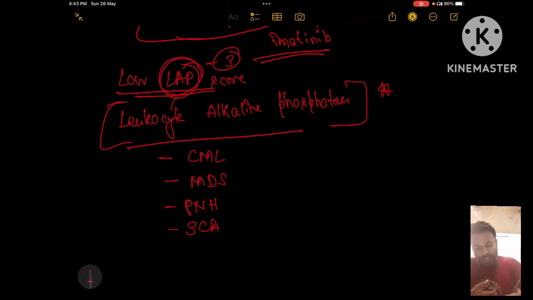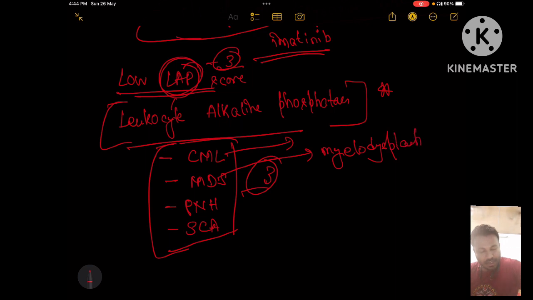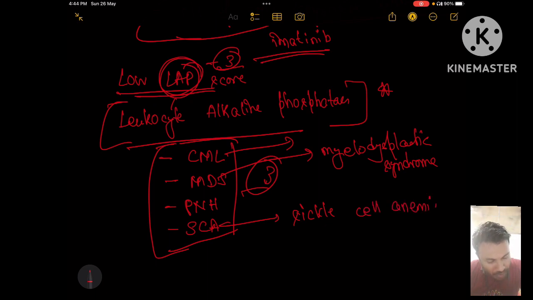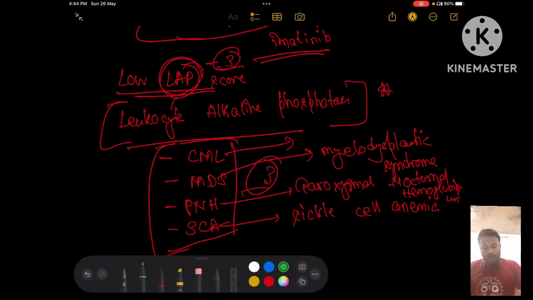CML, chronic myelogenous leukemia; MDS, myelodysplastic syndrome; SCA, sickle cell anemia; PNH, paroxysmal nocturnal hemoglobinuria. So there are 3 letters each.